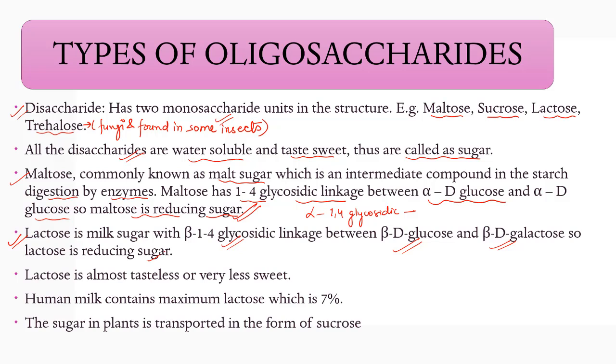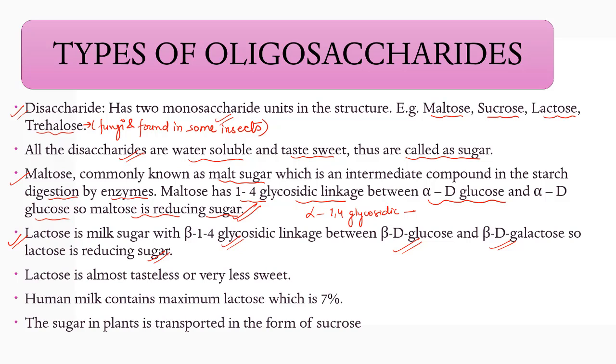So lactose is also a reducing sugar. Maltose and lactose both are reducing sugars because both have a free aldehyde group. Maltose has alpha 1,4 glycosidic linkage and lactose has beta 1,4 glycosidic linkage. Lactose is the milk sugar and maltose is the malt sugar.